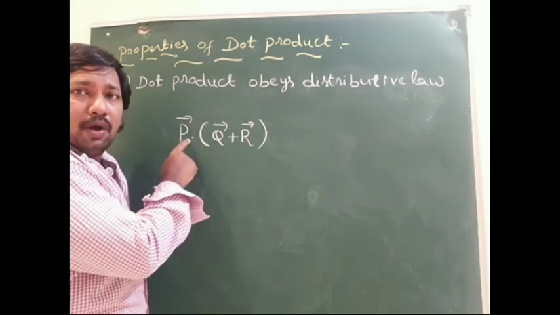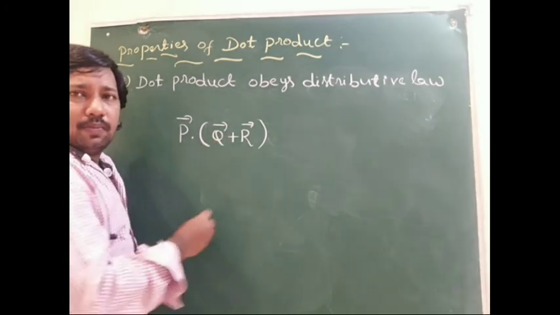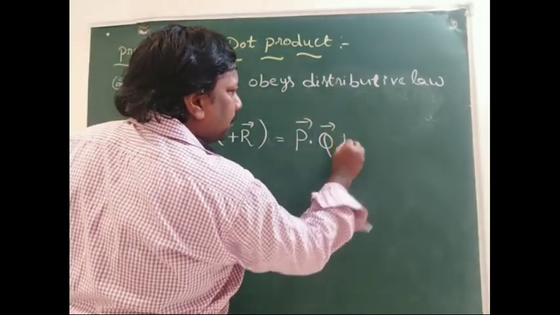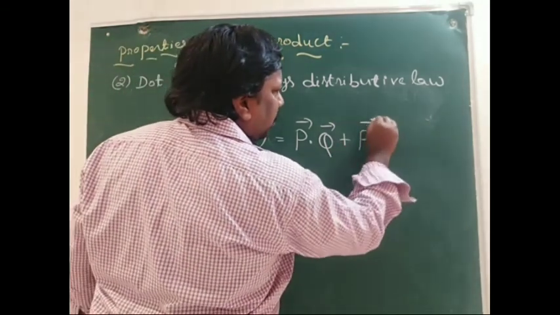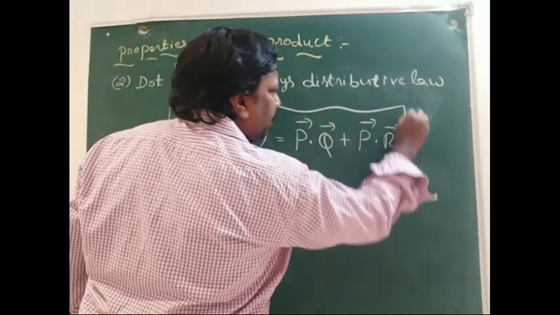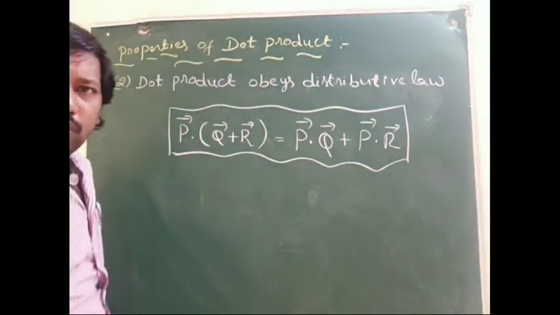Therefore p bar dot (q bar plus r bar) equals p bar dot q bar plus p bar dot r bar. So the dot product obeys the distributive law.